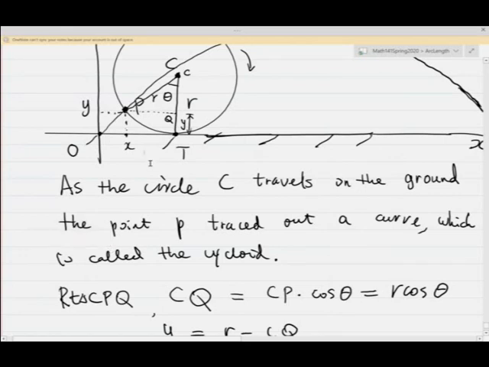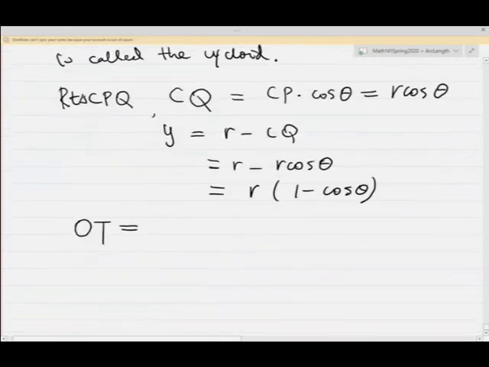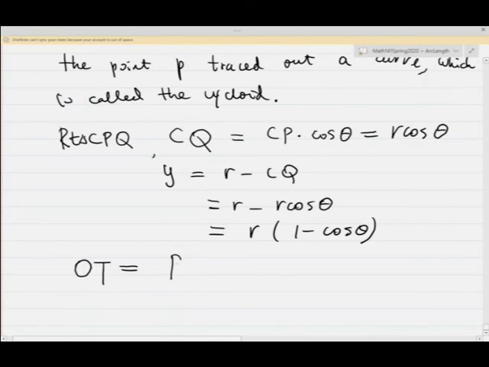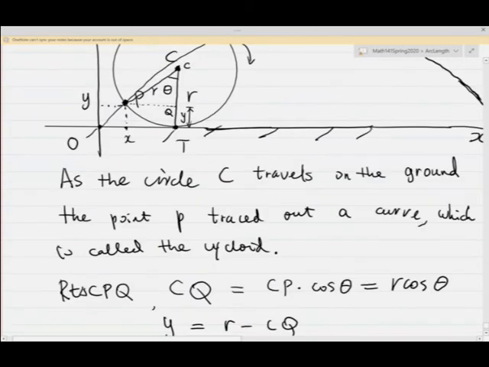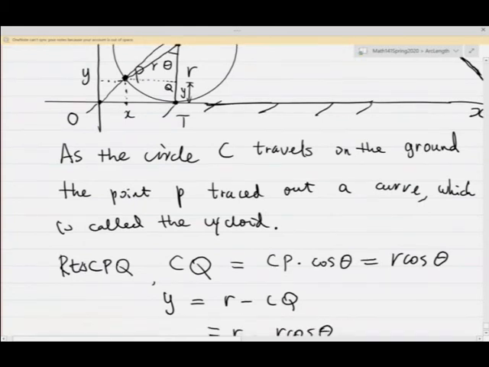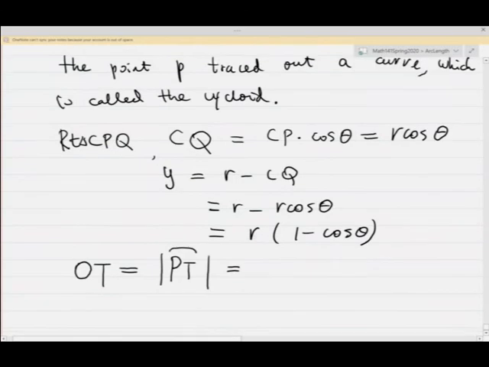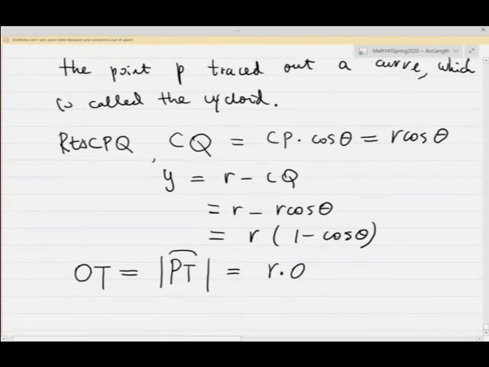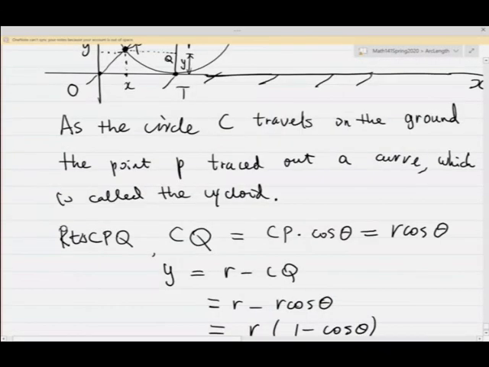OT, the straight line, is exactly equal to the arc length of the arc PQ. The arc PQ is very easy to find. It will be R times theta.